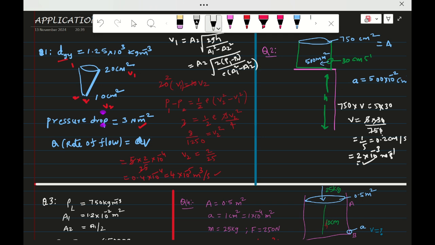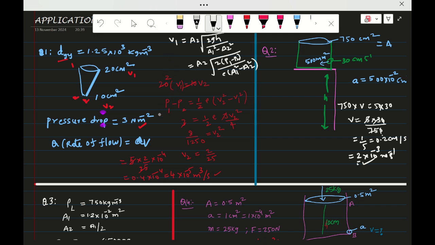Whichever is bigger, subtract that, no problem. So these are the two formulas. If I want to find V2, the velocity V2 is equal to A1 will come here, and the remaining are similar.